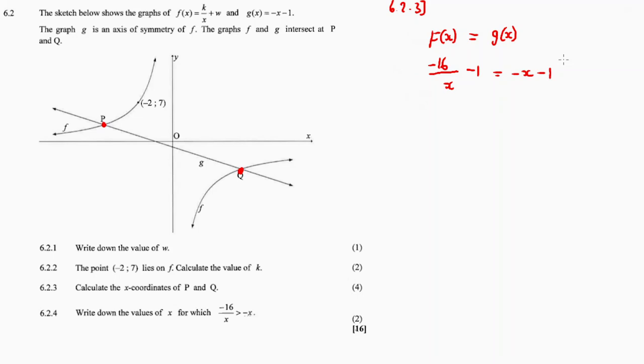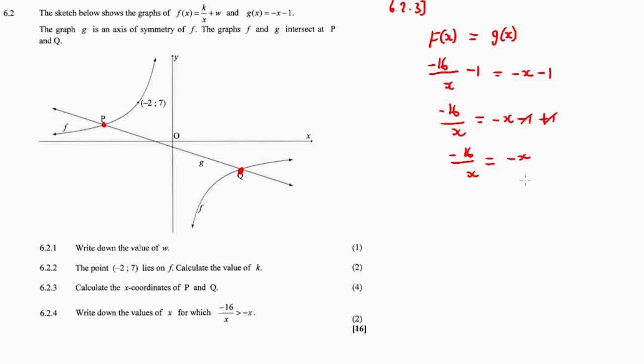This 1 I transpose to the other side, then I bring the x. Okay, that's not necessary, let it remain with x, minus 1 plus 1. So this one I transpose here, these ones will cancel. Since minus 1 plus 1 is 0, we are left with negative x, right?